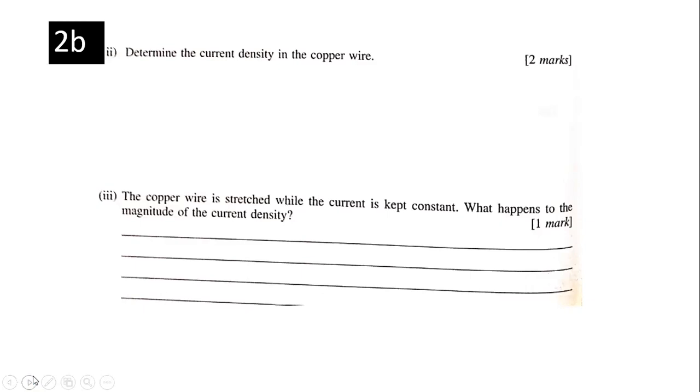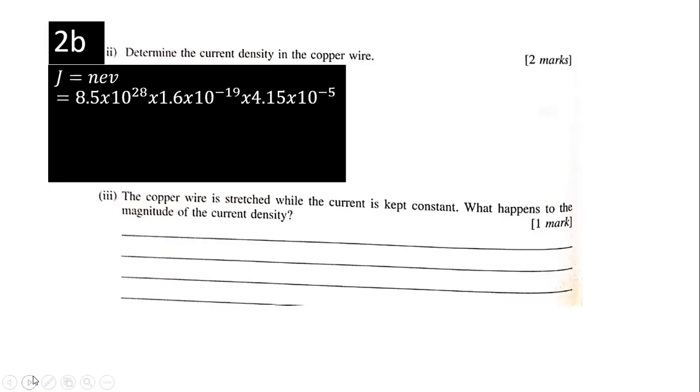Current density, just divide by area, that's all. Just use your current, easier, divide by cross-sectional area. Yeah, it's nothing wrong to use this equation. Since you got I, you got A, use that, faster. Either one also can.